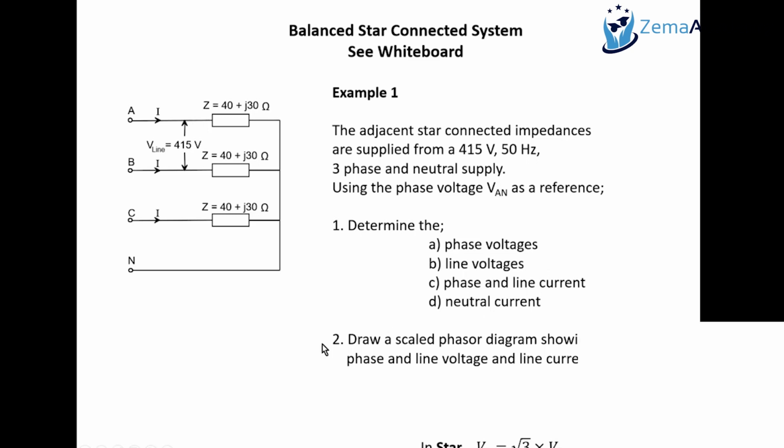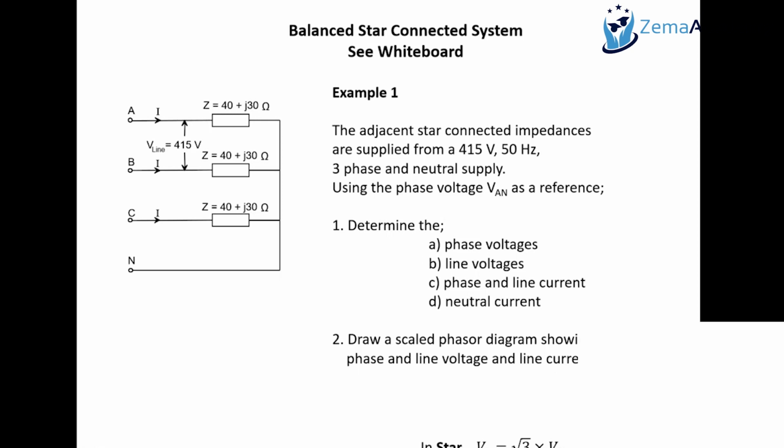Now part 2 says draw a scaled phasor diagram. This is the part of the question. Draw a scaled phasor diagram showing, not calculating, showing phase and line voltages and line currents. Now there is a difference between calculating and showing.